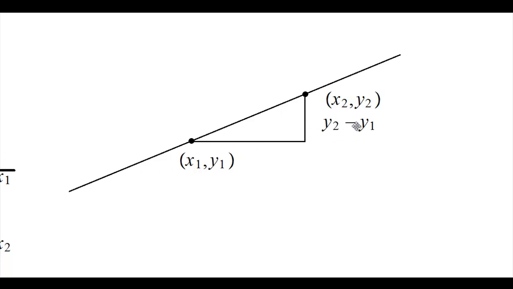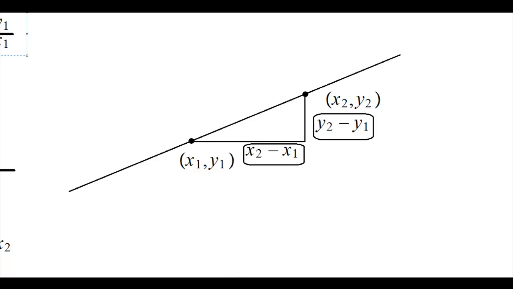And the rise corresponding to a run of x2 minus x1 is y2 minus y1.